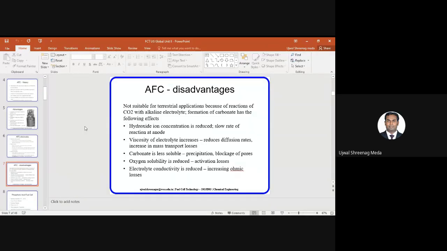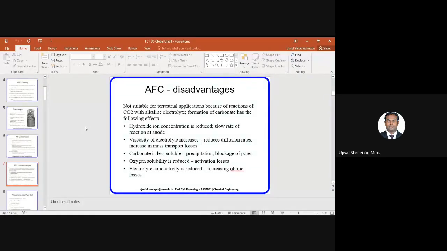Because of this, the availability of the OH minus ions decreases, viscosity increases, flowability decreases, and the carbonates tend to precipitate. These are some of the reasons why it is a disadvantage. So that is all about AFC.